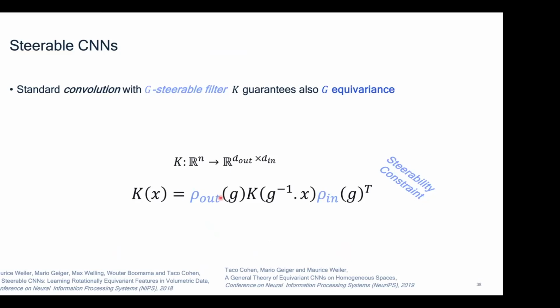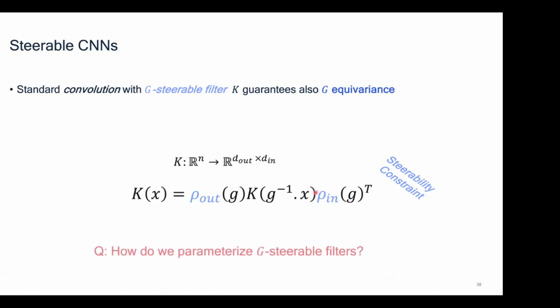Basically, you can show that to achieve this, it's sufficient to use your normal standard convolution, as long as the full convolution kernel satisfies this steerability constraint. Don't worry too much about this. We're going to see it multiple times again. But essentially, this is an equation that tells us the sufficient and necessary condition to satisfy. So the question is, how do we parameterize all the filters that satisfy this equation?